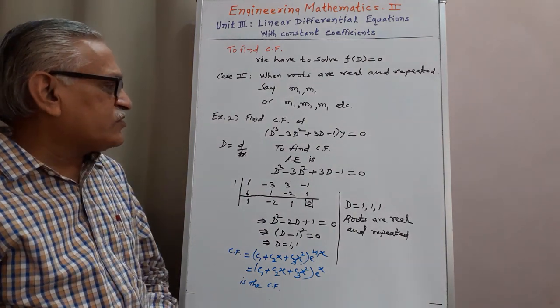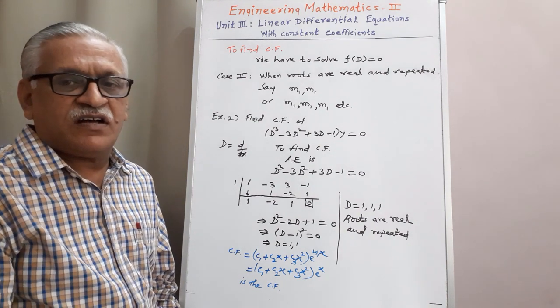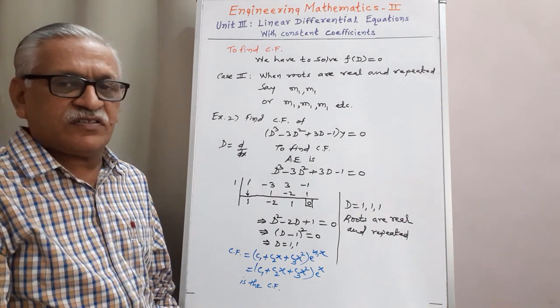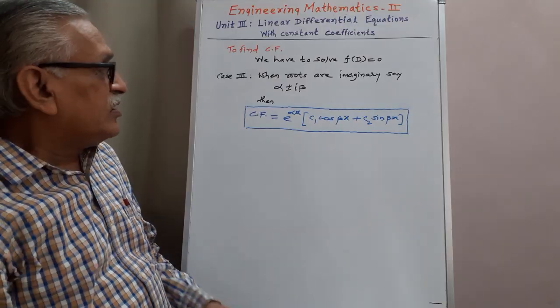Okay. Therefore, with these two examples, I tried to explain how we can write the complementary function when roots are real and repeated.